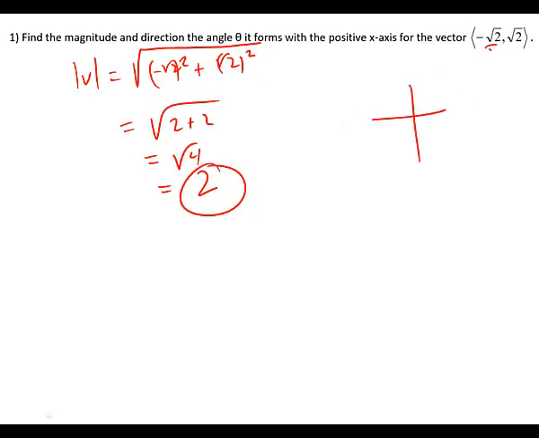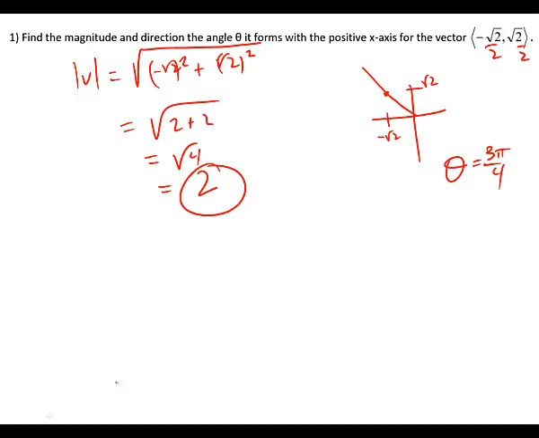So really the only thing we're missing is that part. Negative square root of 2 would go that way, and positive square root of 2 would be up here. What radian measure would that be? 3 pi over 4.